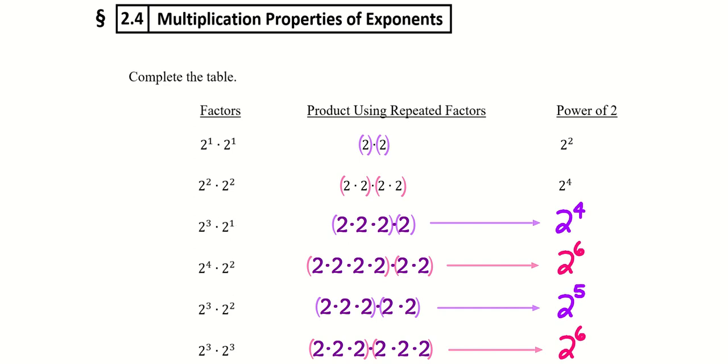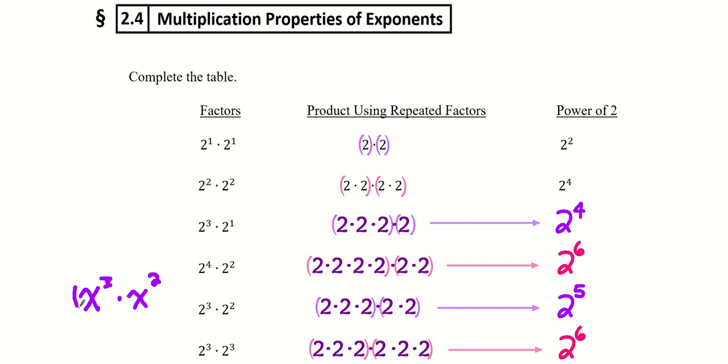And I should probably throw this in here early on. It's usually x to some power times x to some other power. So if it was x to the third power times x to the second power, it'd become x to the fifth power.